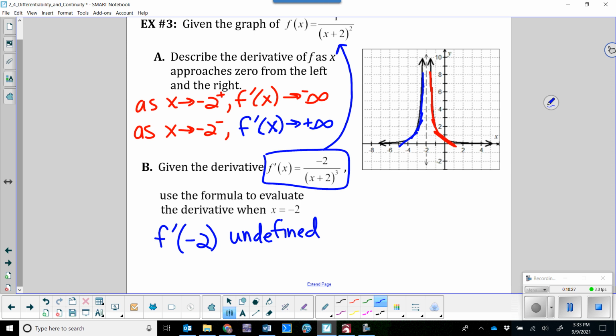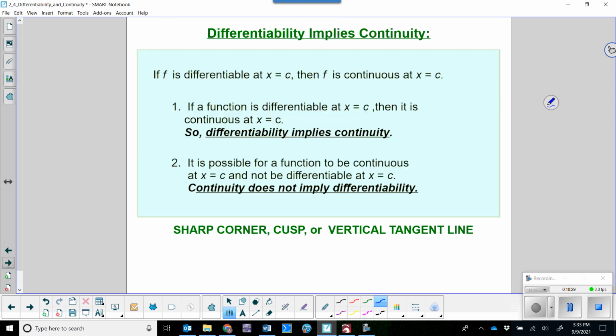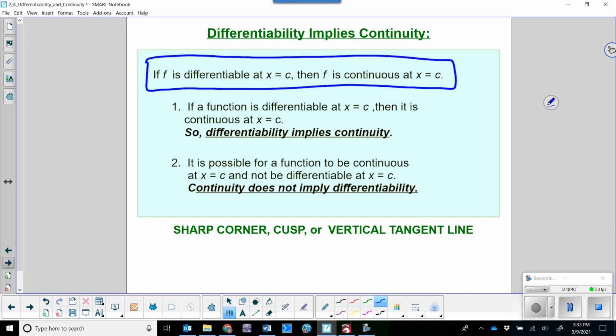All right. So something that's super important, and this is huge. Definitely box this in because we're going to use this quite often. Remember, we have a theorem currently, the intermediate value theorem, that requires a function to be continuous.